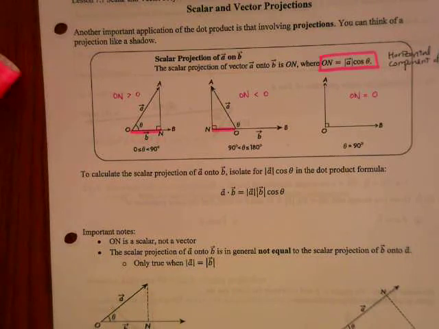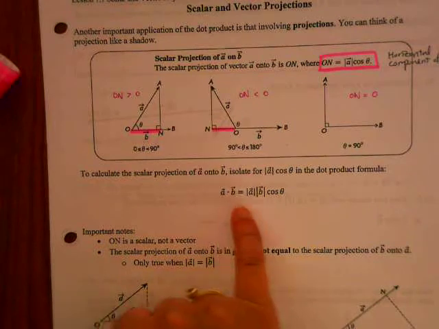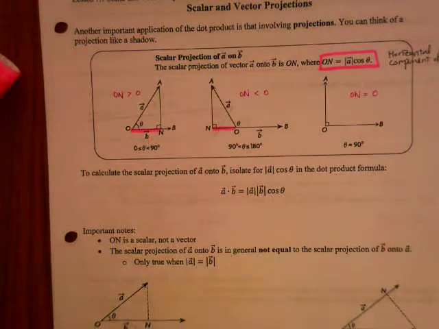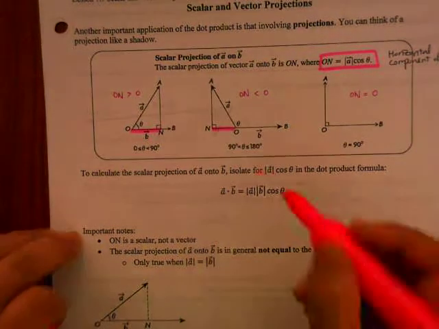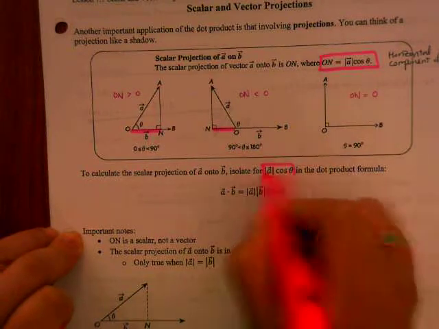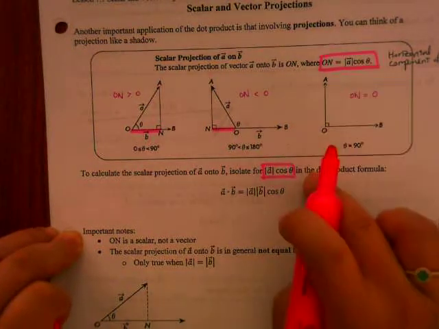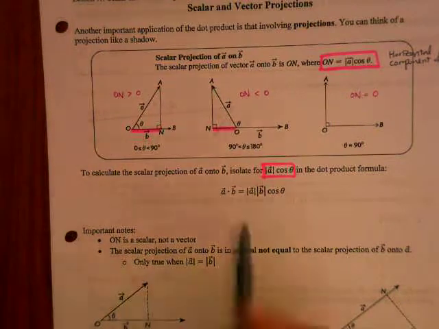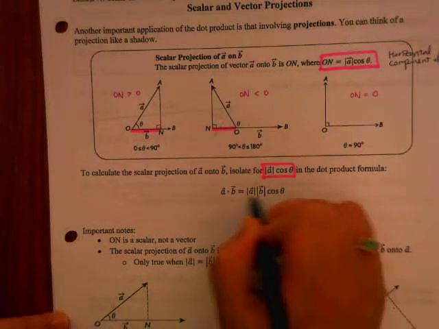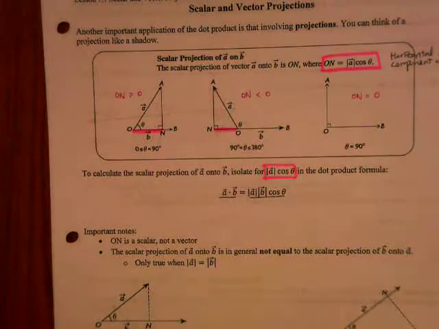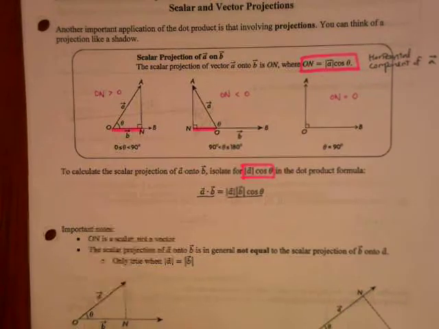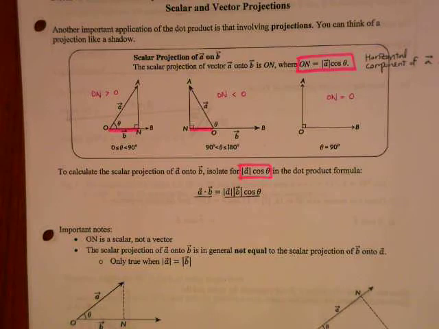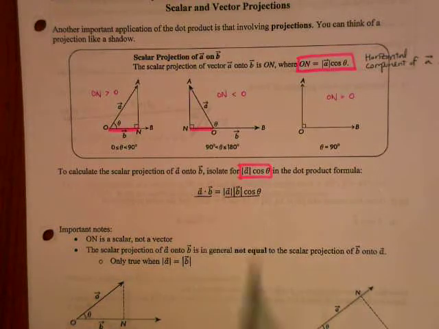To calculate the scalar projection of A onto B, what you want to do is isolate for A cos theta in the dot product formula, because that is what we need for the scalar projection. If you want to isolate for A cos theta, what do we have to divide both sides by?